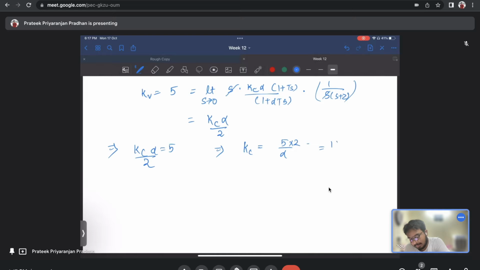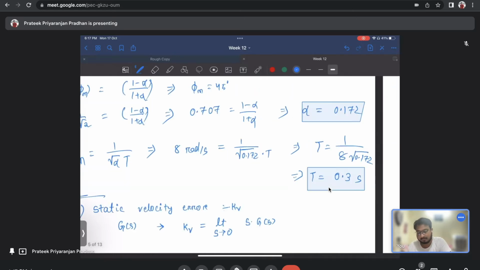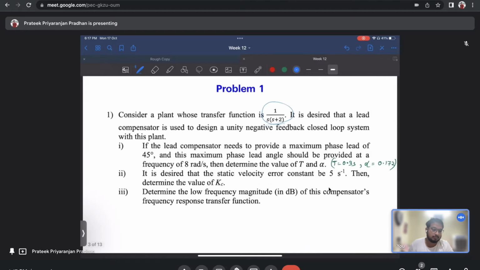That means Kc is 10 divided by 0.172, which comes out to be around 58.1. Just verify this answer as well. I might have done something wrong in the calculation. Just verify whether you are getting the same or something else. So this Kc is 58.1.